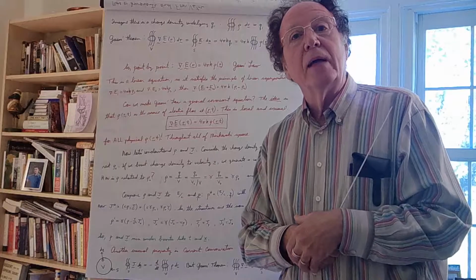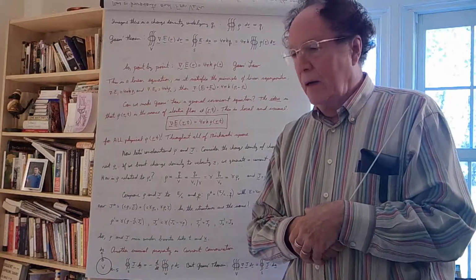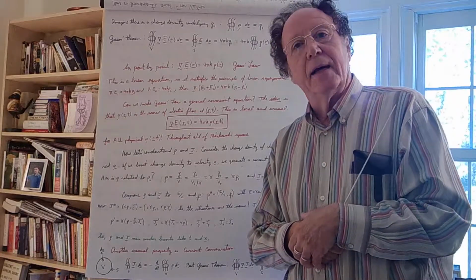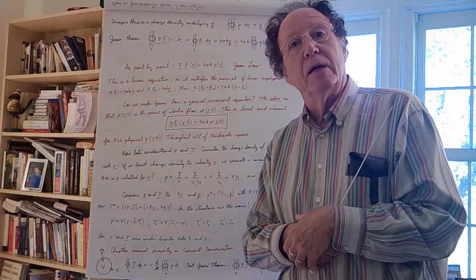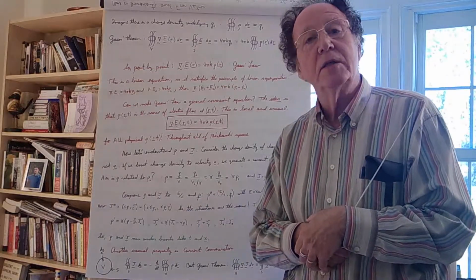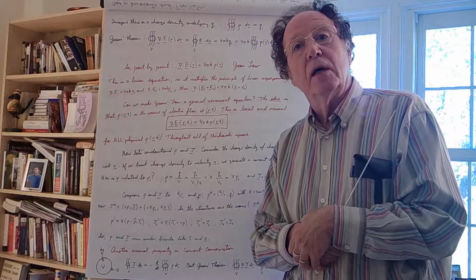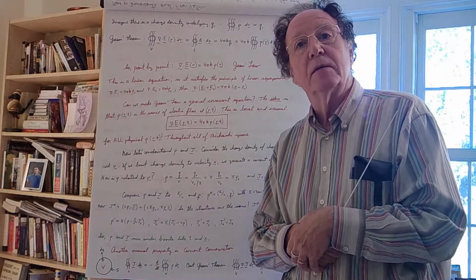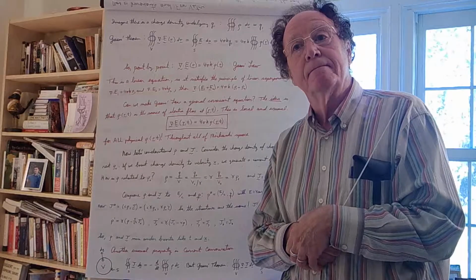So I make a bit of a creative step here and say I'm looking for covariant equations that can be true in all of Minkowski space, or in all of space-time.